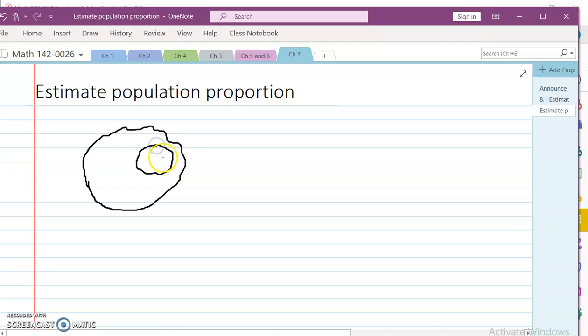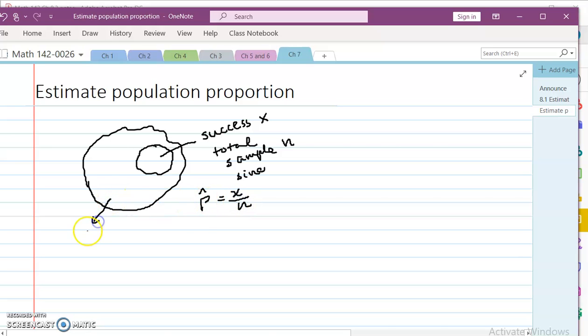There is a particular category that I count as success, X out of the total sample size, which is n. Then the percentage of success is called p hat. It's x over n because it's from a sample.